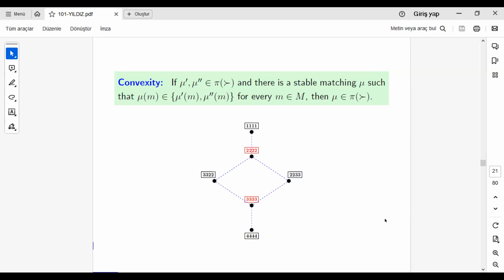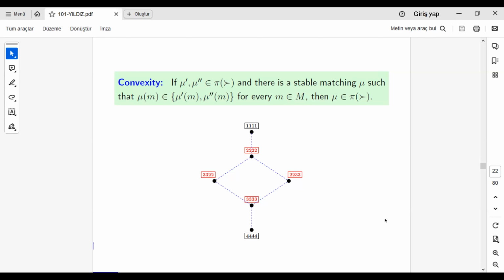Now, convexity says that if our rule picks up these 2, where every man is getting his second best and third best, then our matching rule should pick up the entire diamond, the other 2 as well.